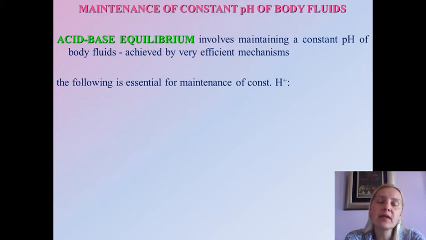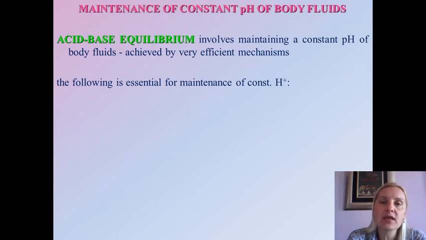By the term acid-base equilibrium, we mean the topic which involves maintaining a constant pH of body fluids. And this is achieved by very efficient mechanisms, because if you take into account the enormous quantity of hydrogen ions which are synthesized, you have to have a perfect mechanism for neutralizing such a huge amount of hydrogen ions normally produced during metabolism.